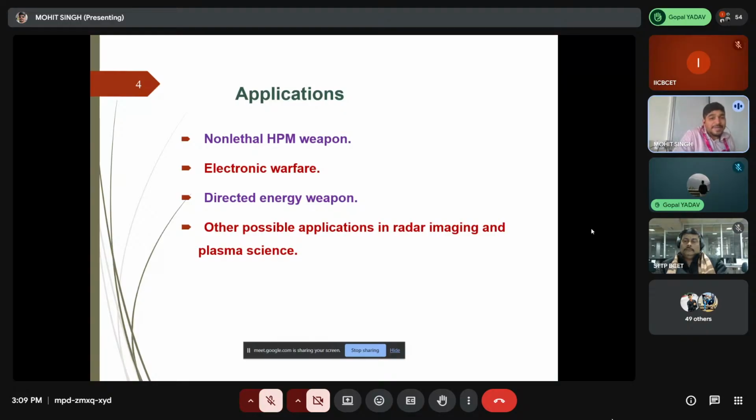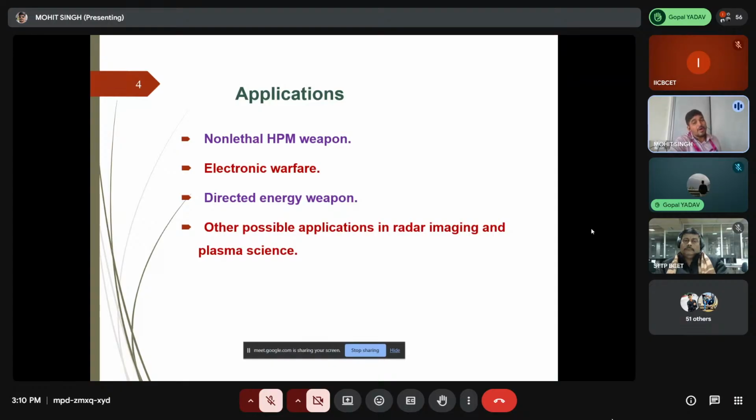What are the applications of this high power microwave source? The first one we discussed is the non-lethal HPM weapon. What is the meaning of non-lethal? Non-lethal means weapons which do not impact human beings and are not going to harm them.